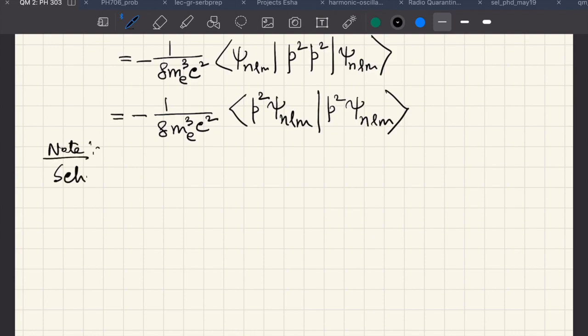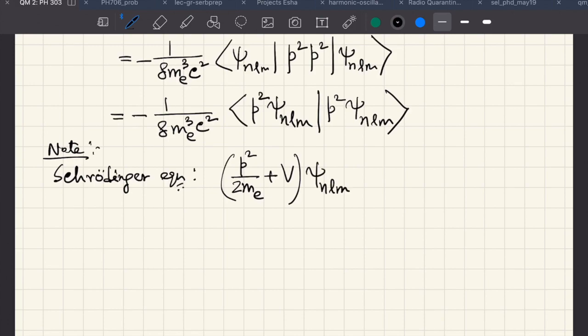The Schrodinger equation is the following: p squared operator by 2me plus the potential, kinetic plus potential, the energy operator, acting on psi NLM gives us En0, the unperturbed eigenvalue, times psi NLM.